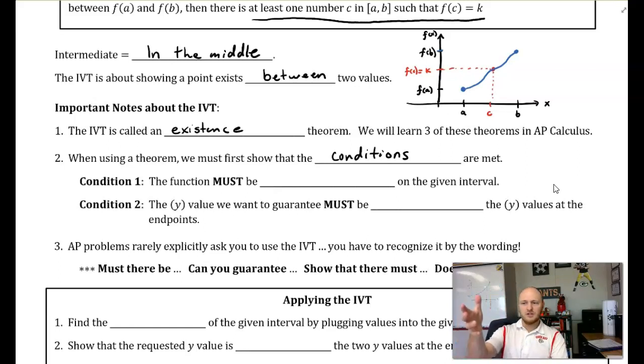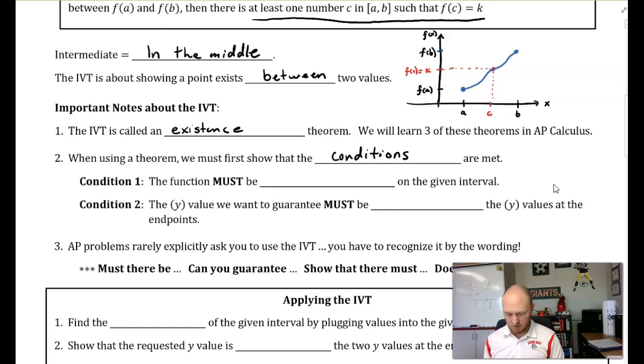In order for Thor to call his hammer Mjolnir, right? He has to be what? There has to be a condition met, and he has to be worthy. Thor must be worthy in order to summon his hammer, okay? So we have to satisfy the conditions in order to use the IVT.